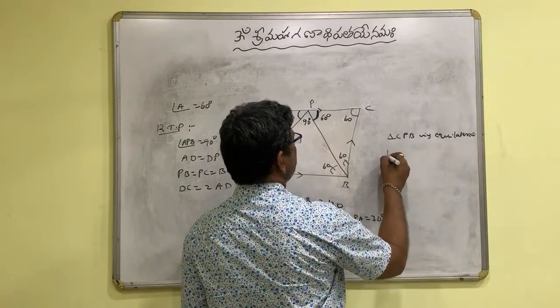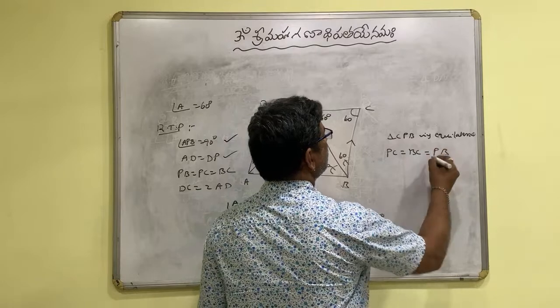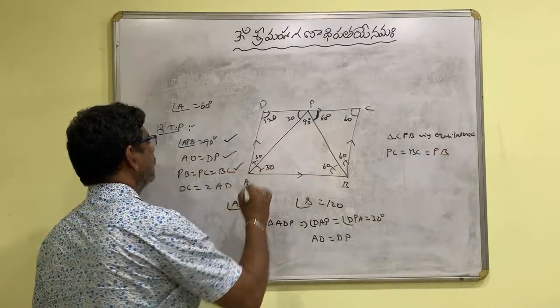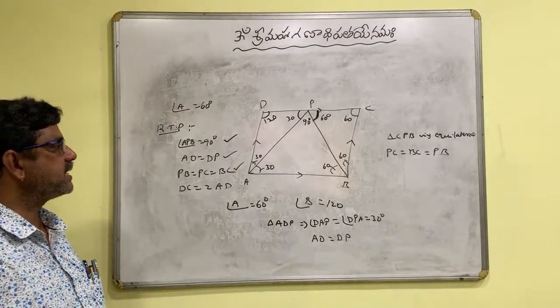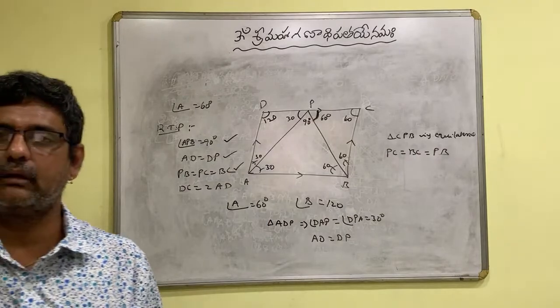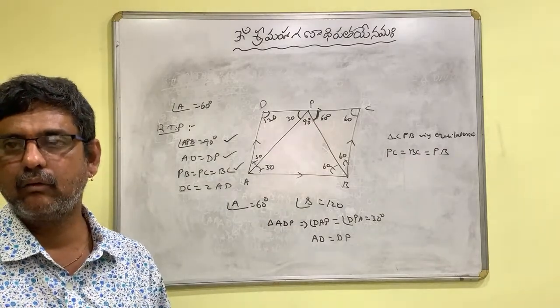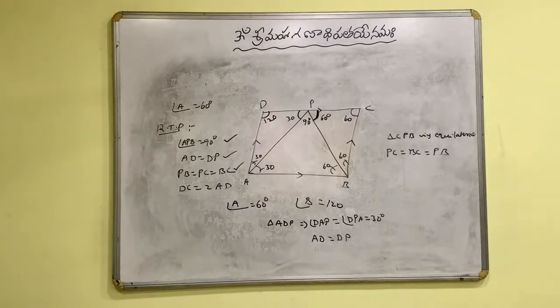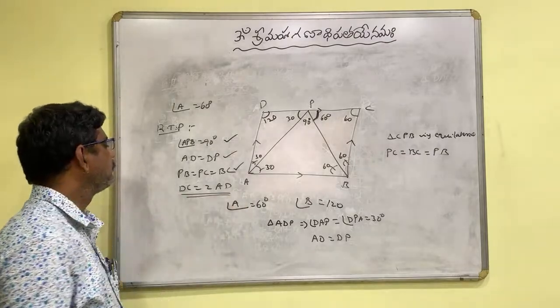So, PC is equal to BC is equal to BP. Third one done. Now, fourth one.